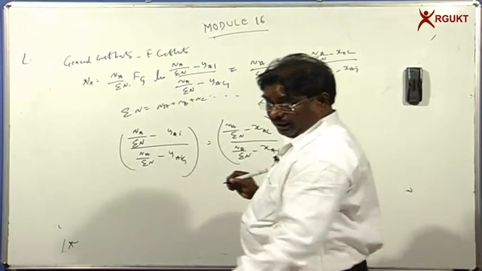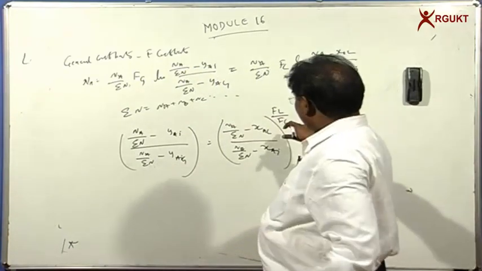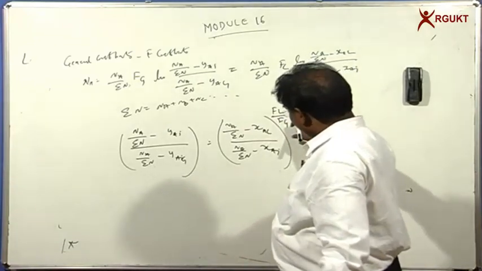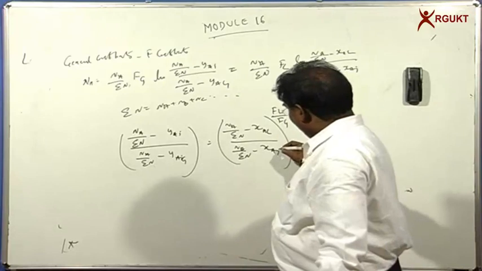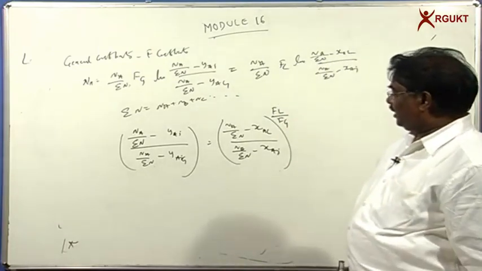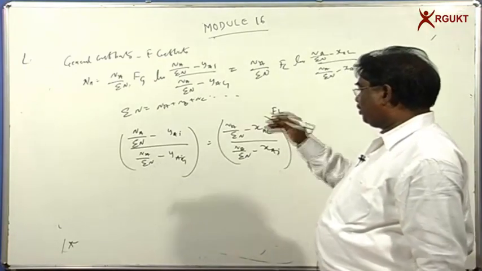So we have to know the mass transfer coefficient for the liquid phase, the mass transfer coefficient for the gas phase, and the interfacial concentration. It is not that easy to calculate the concentrations Yai and Xai as compared to the previous one.